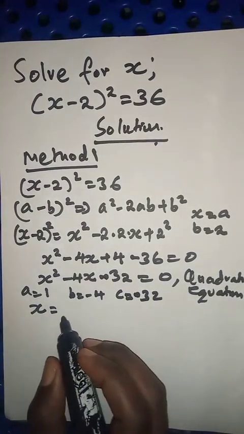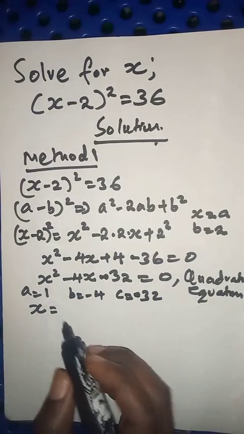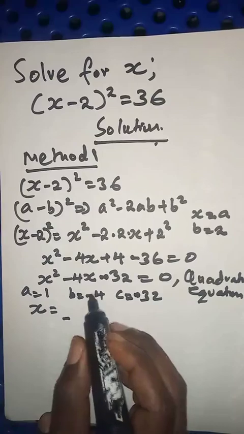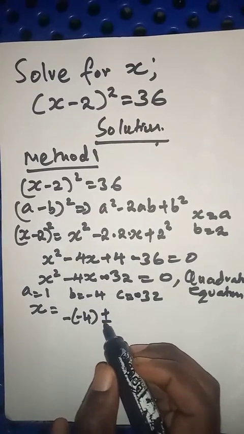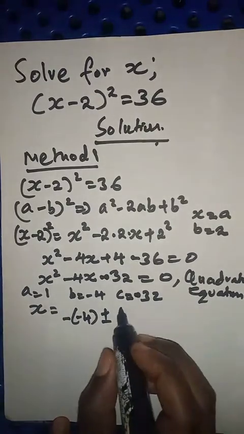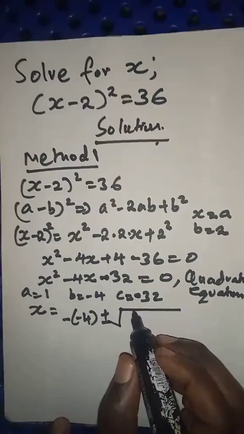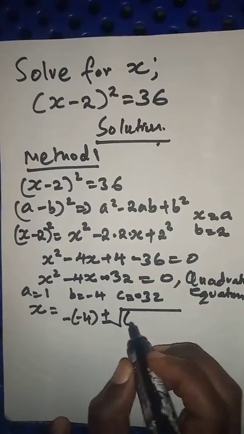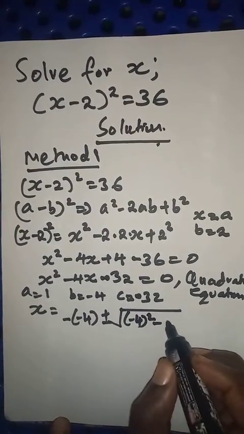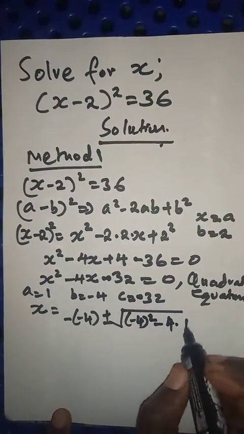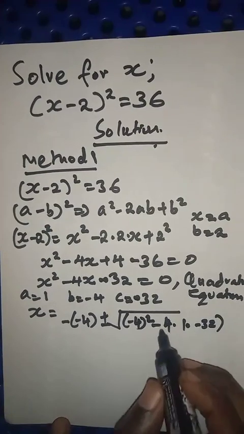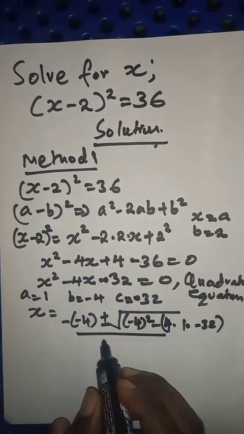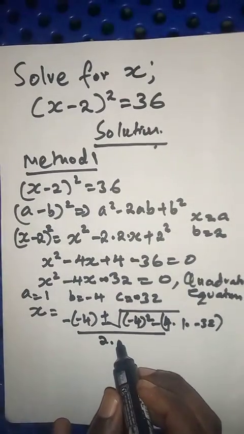Substituting in the quadratic formula, I'll end up having x is equal to negative b plus or minus the square root of b squared, so I'm going to take negative 4 squared minus 4 times a times c, everything divided by 2 times a.